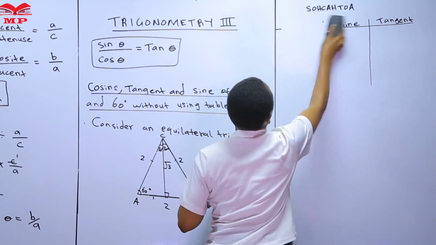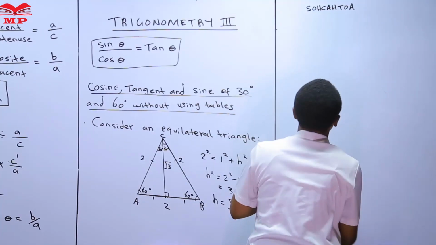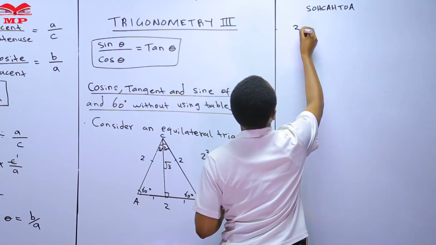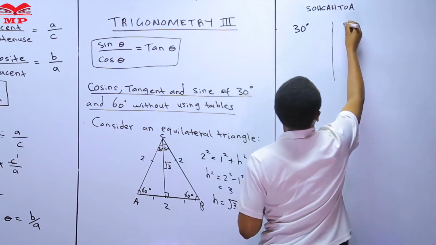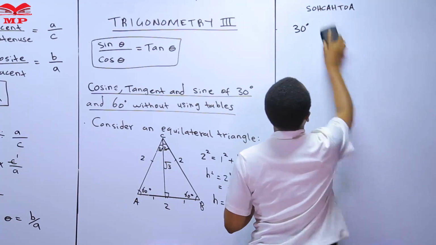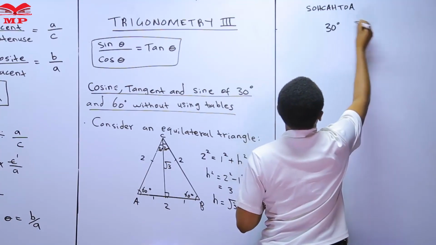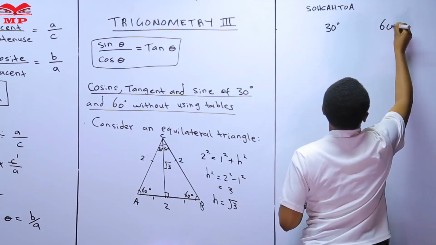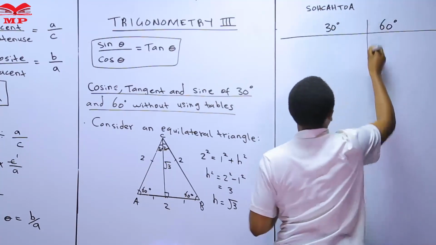Or we can have the angles. Then we have the sine, the cos, and the tangent. We have the angles, that is 30 degrees, and we also have the 60 degrees.